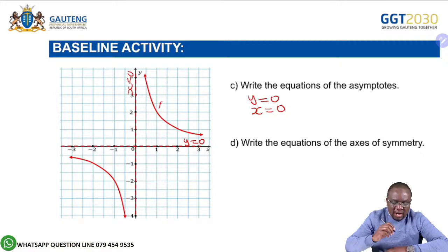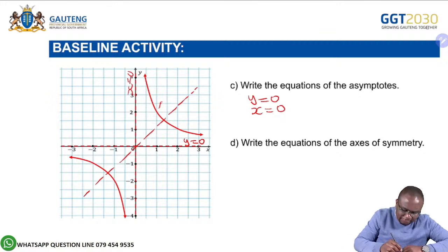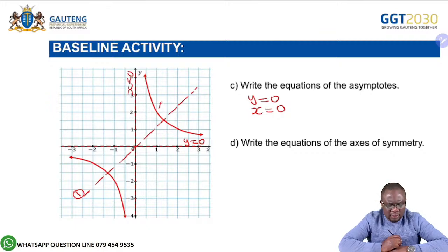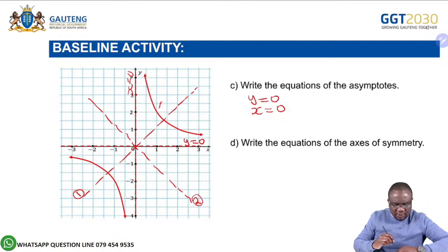Okay? There's one which cuts the arms of the function. Let's call it the first one, number 1. And then there's another one which is in between the arms of the function. Let's call it 2. Okay?